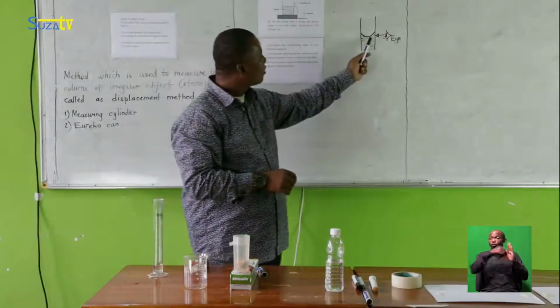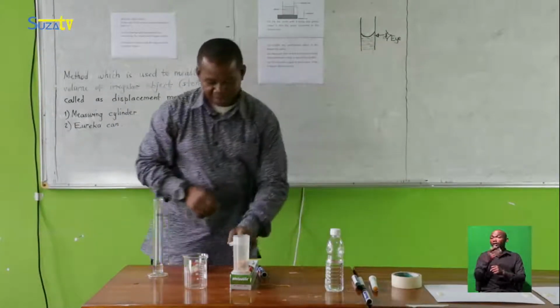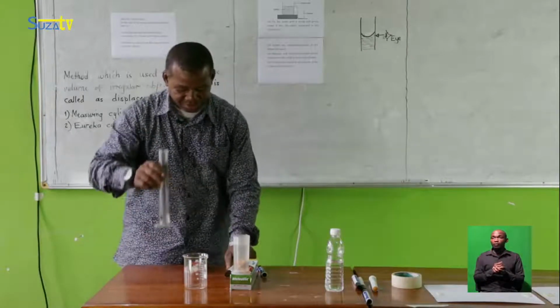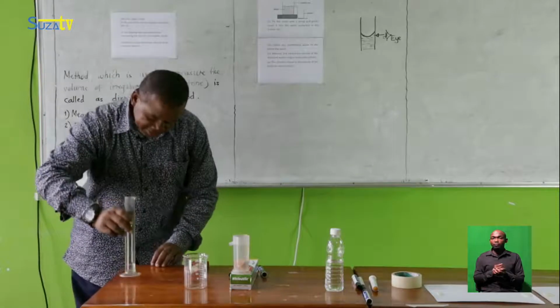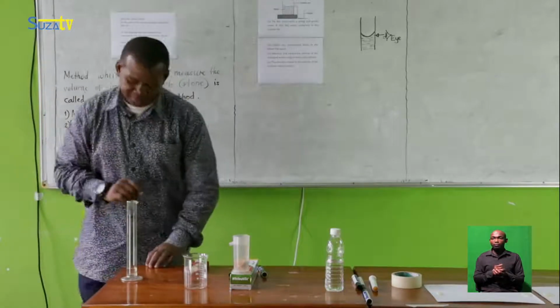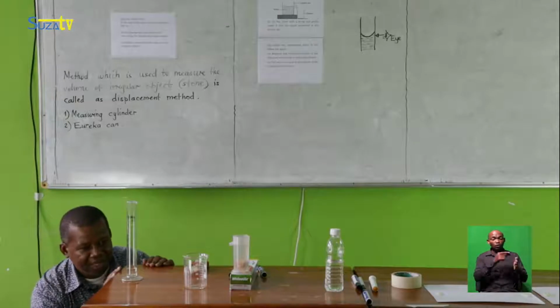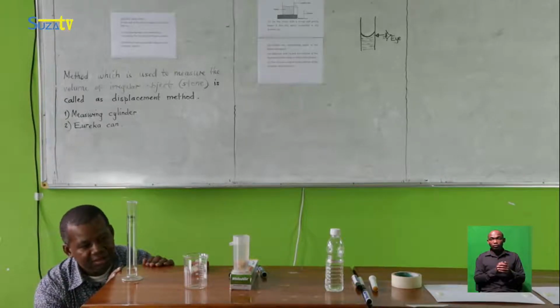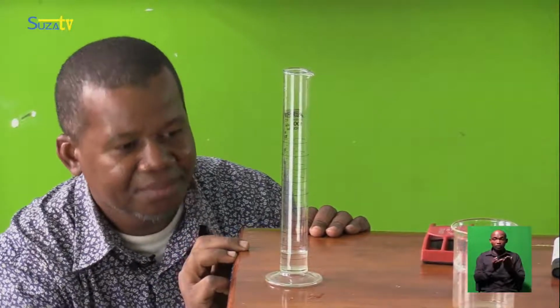So make sure the level of your eye is at the level of the bottom of the meniscus. So if this is the measuring cylinder, then we have to record the reading of the volume.